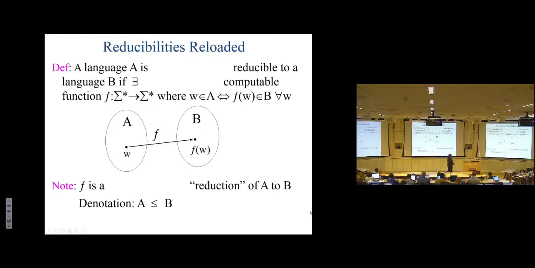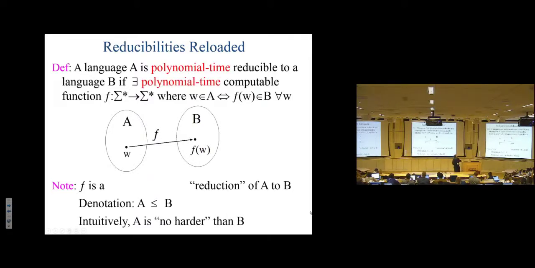Okay. Now here comes the nuance. It's the red stuff. It's polynomial time. So now we take out a stopwatch and we say, okay, it's not enough to say that something can be done any old which way. I want it to be done efficiently, and I'm watching the clock now. By efficiently, I mean polynomial time, not exponential time or anything bigger than that. There are plenty of functions that are bigger than polynomials, right?